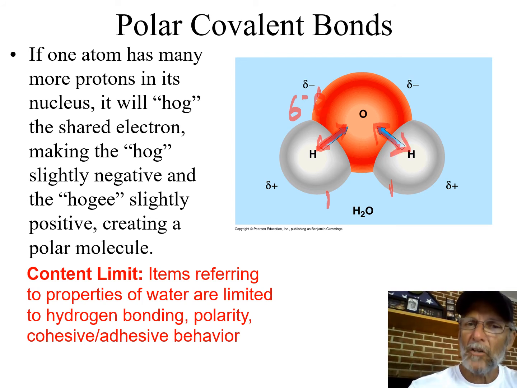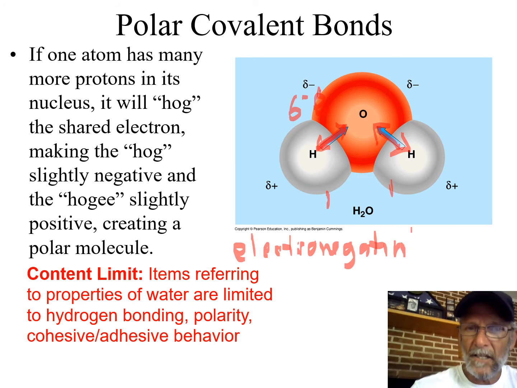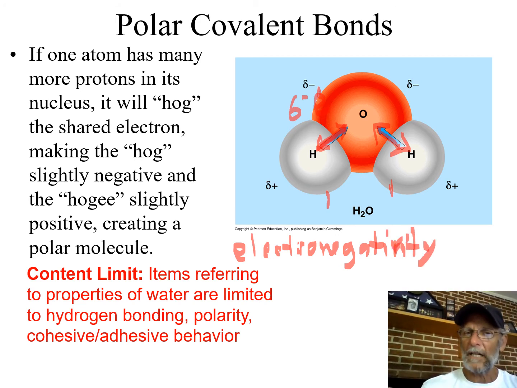However, oxygen as an atom has a much higher attraction for electrons, a word that we call, I didn't write it up there, so I'll write it here, electronegativity. That is a measure of the attraction for electrons that a substance has, in this case an atom. And oxygen's got a pretty high electronegativity.